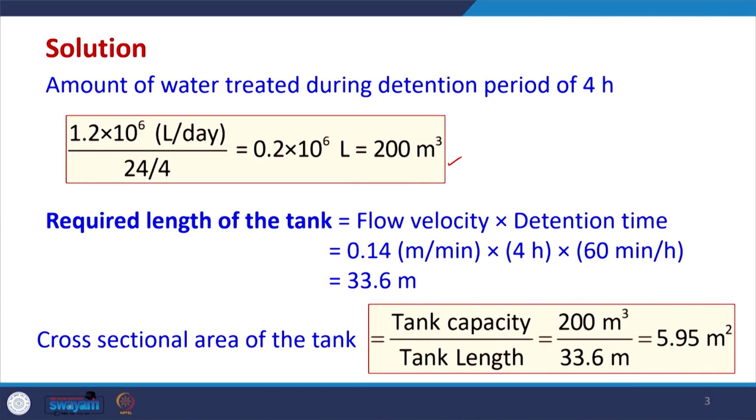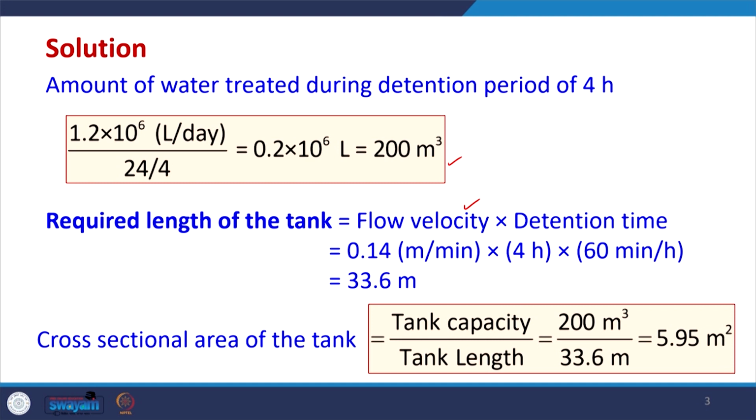As the flow velocity is fixed, the required length of the tank can be calculated, because the horizontal velocity and the detention time of 4 hours are both fixed. Flow velocity multiplied by detention time will give the possible length of the tank.